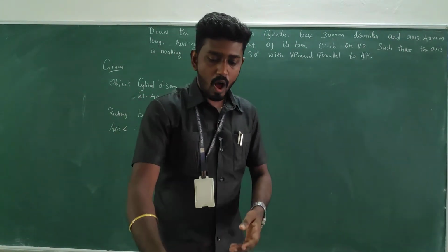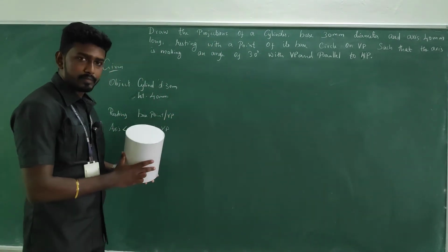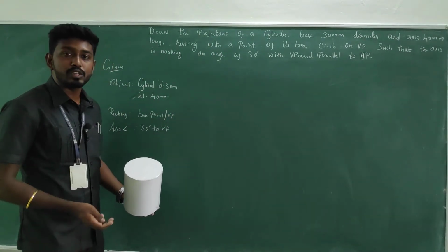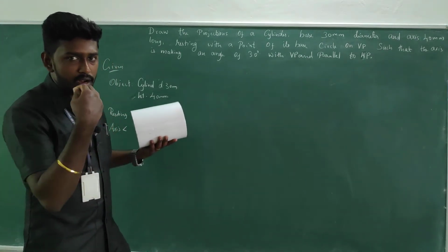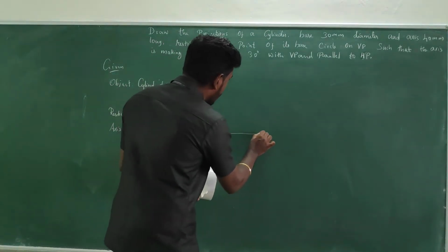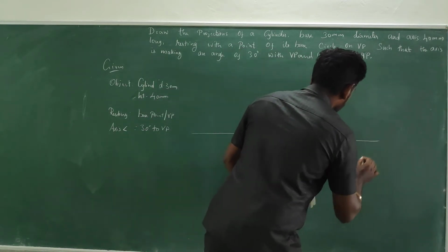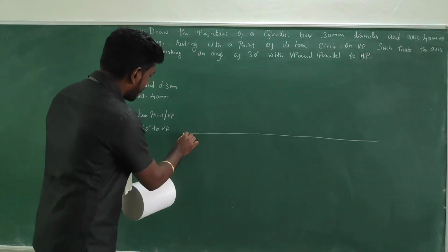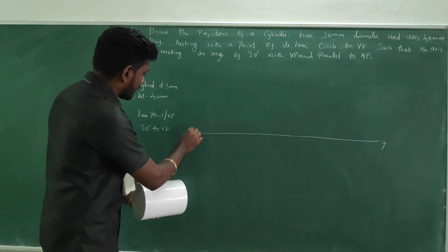First let me see how it is positioned. As per the question, the axis is inclined to VP. If it is inclined to VP or HP, definitely we need to go through two stages. One is a simple position and the next one is the axis inclination.